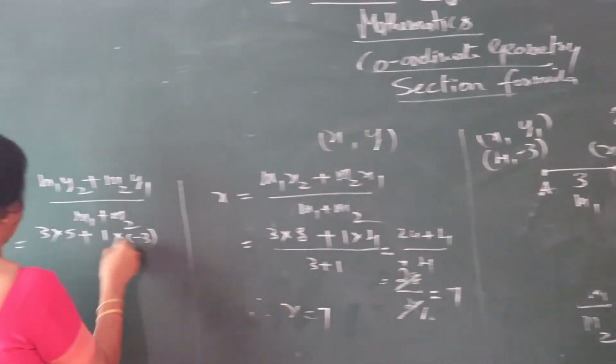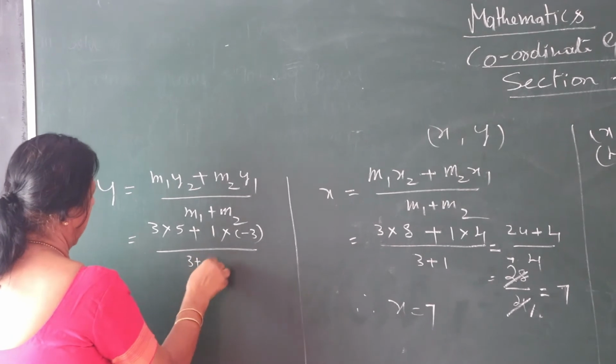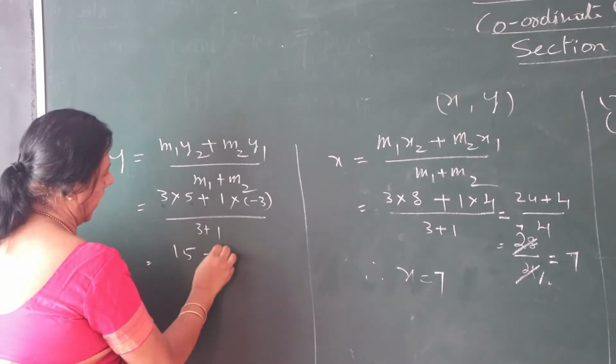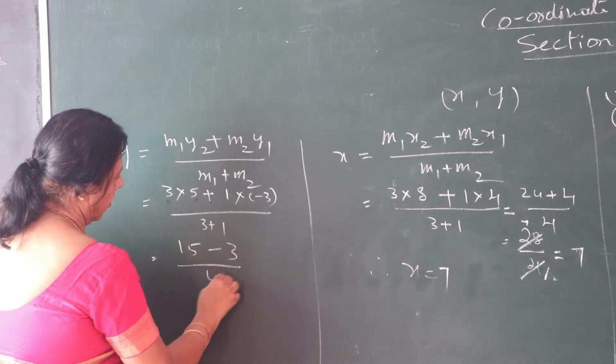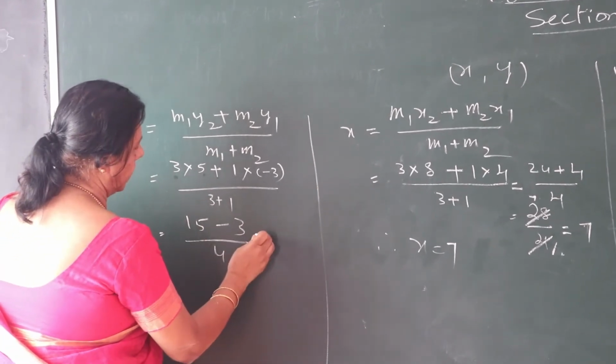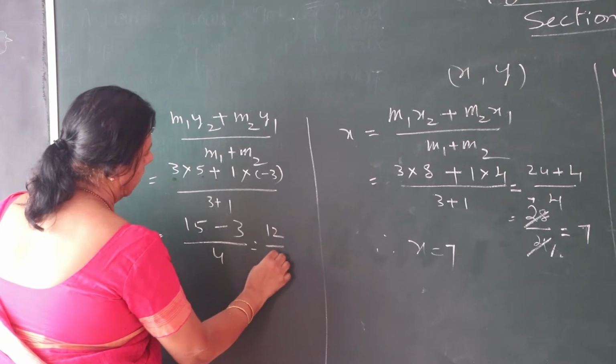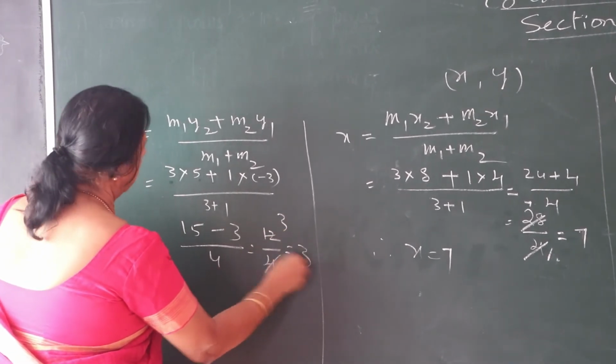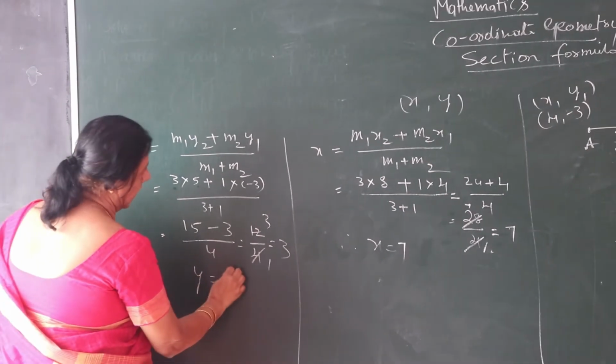Minus 3, by 3 plus 1. Here 5 threes are 15 plus 1 into minus 3, so 15 minus 3 is 12. 12 by 4, so 4 threes are 12. So the y value is 3.